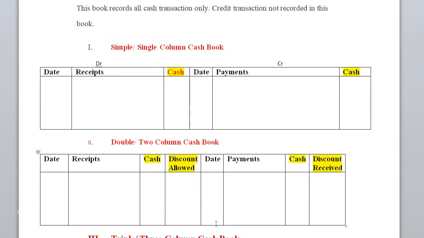Whether it is a single column, double column or triple column cash book, on the debit side we are going to record all the cash receipts, and on the credit side we are going to record all the cash payments. In double column cash book, the debit side has date, receipt, cash, discount allowed. On the credit side, which means the payment side: date, payments, cash, discount received.